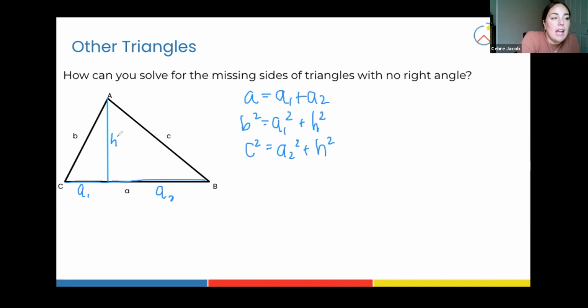And if we have cosine of angle C right here, it's opposite, it's adjacent over hypotenuse. So the cosine of angle C would be the adjacent, which is A1, over the hypotenuse, which is B. Do you guys agree that all those facts are true?